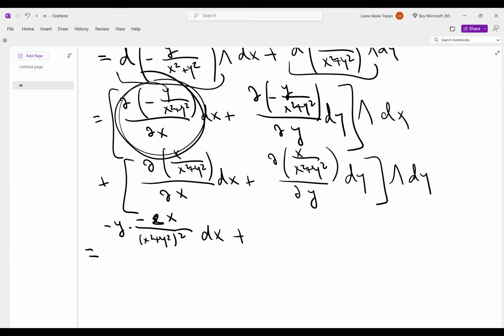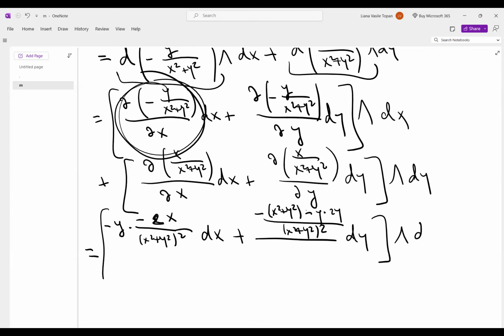And then I have plus the derivative with respect to y. So I have x squared plus y squared minus y times 2y over x squared plus y squared squared, dy wedge dx.